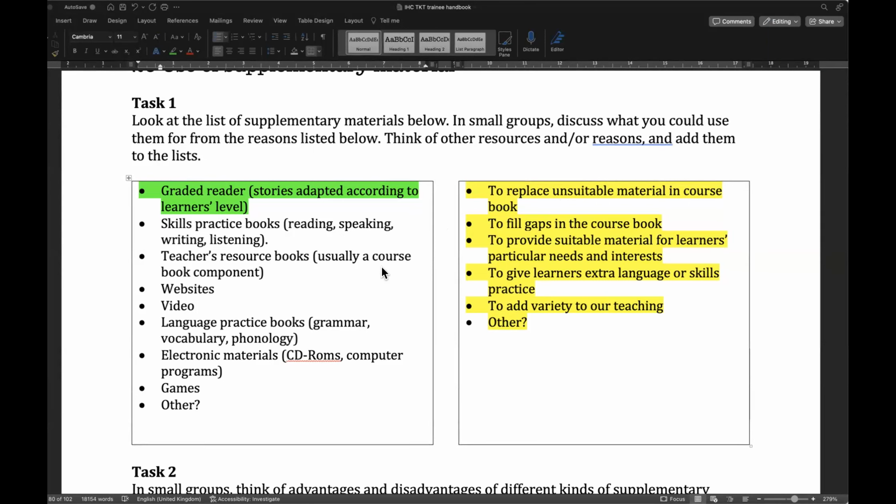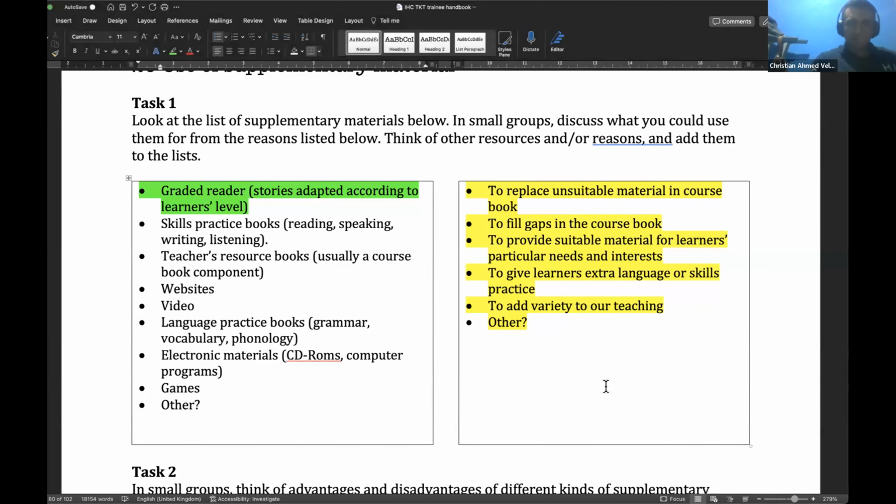And language practice books. I think that it's similar to skills practice books, no? Because, well, only in grammar, because it can help the students know about the grammar.